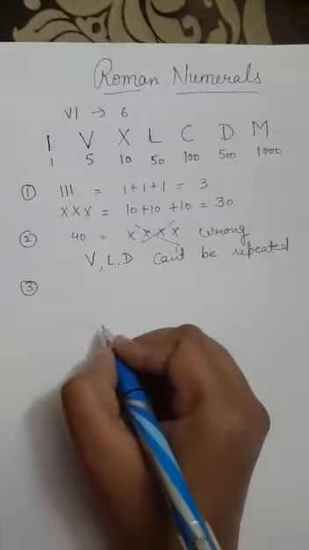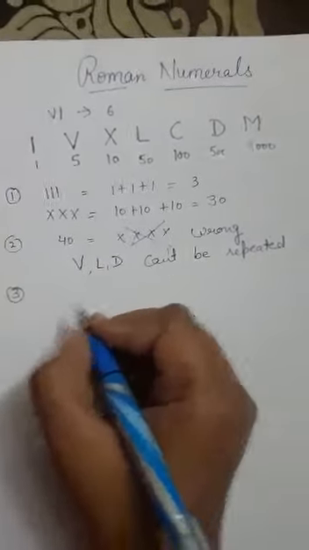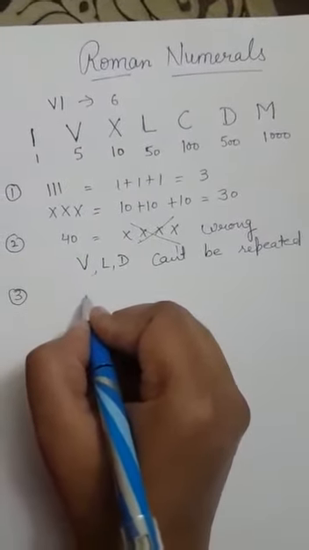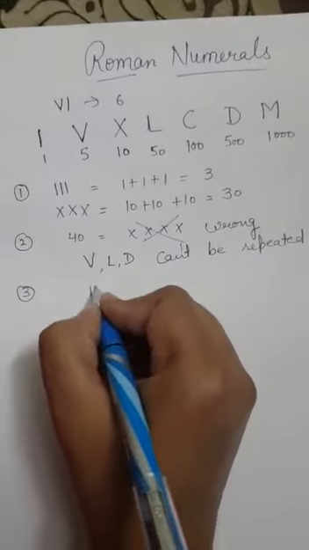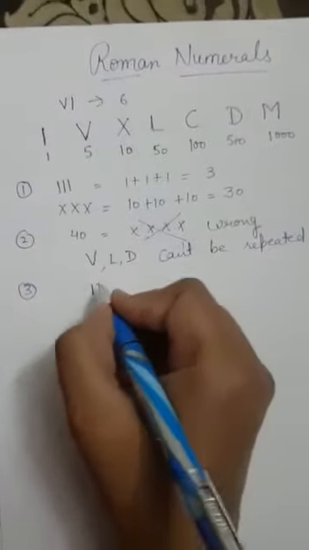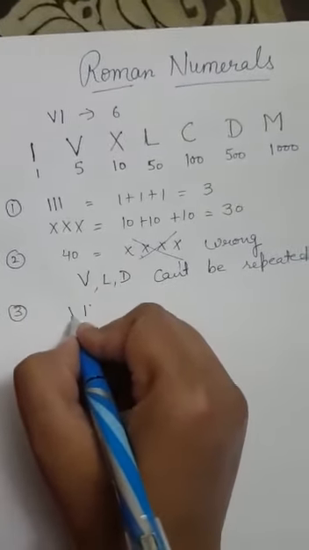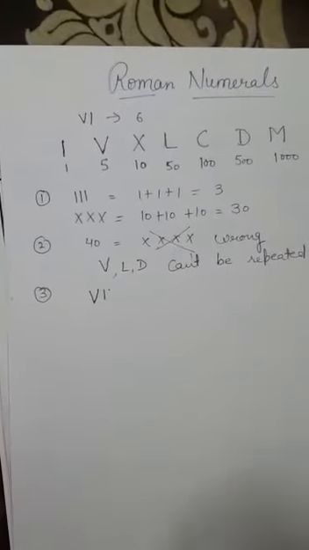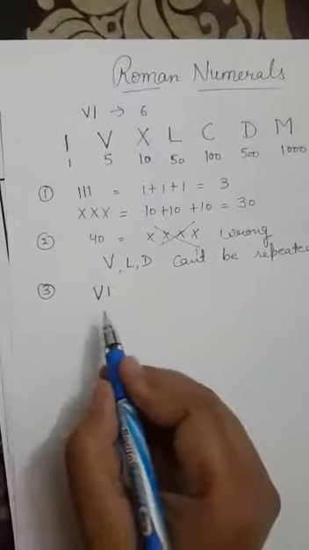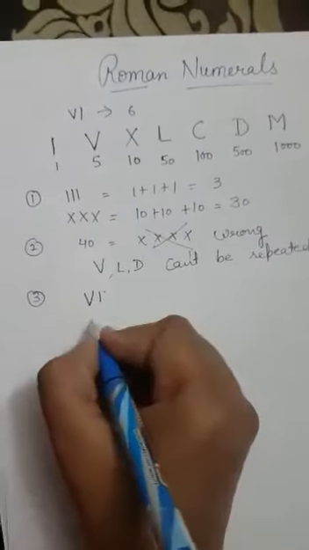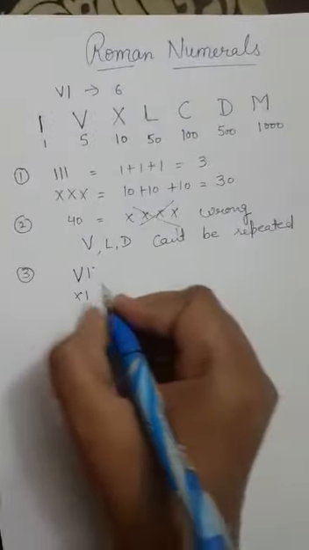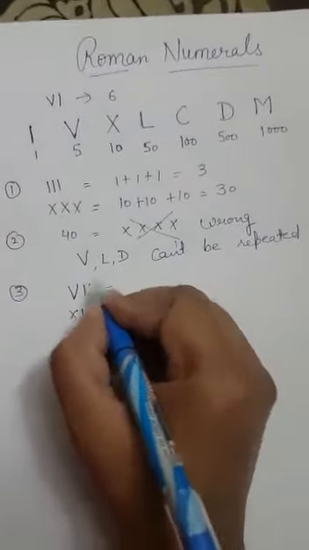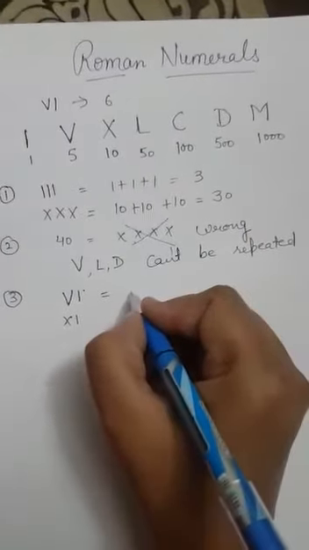Then your third rule. If a smaller number like I is written to the right side of a bigger number, like VI or XI, that means the smaller number is added to the bigger number.